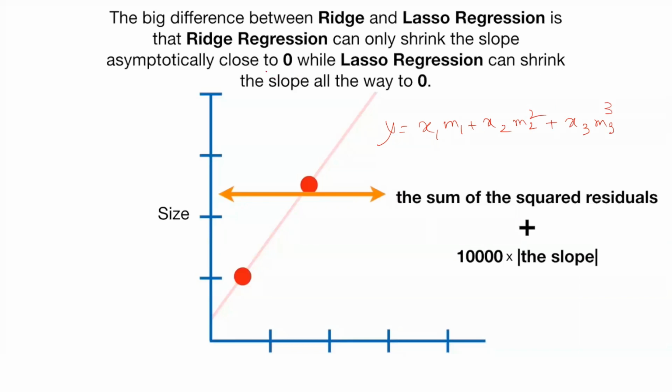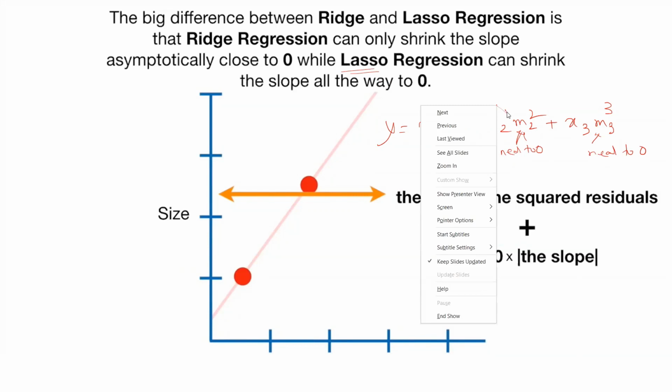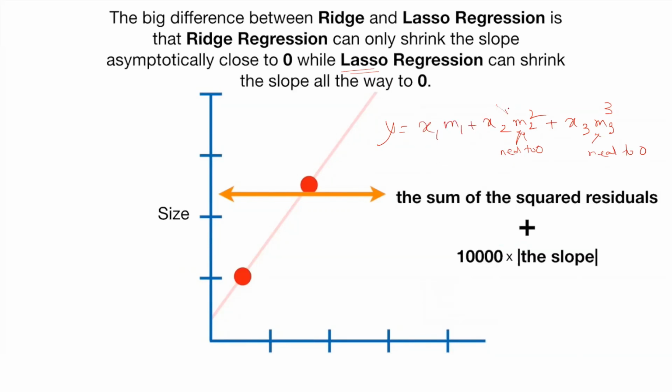So what ridge regression does is it can change all of these slopes to very near to 0, but it cannot make them exactly 0. But with lasso regression, we can have values which are exactly 0, or very close to 0, and it will ultimately remove these types of variables which are not required or which make the model more complex.